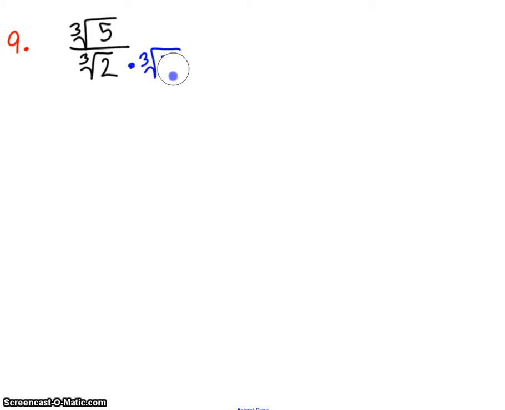Remember that in order to take the cube root of this, I need to have 3 of the same number. I have 1 two here, I need 2 more 2's. So I'm going to multiply top and bottom by 4, because what you do to the bottom, you must do to the top. Multiply top and bottom by 4, cube root of 4.